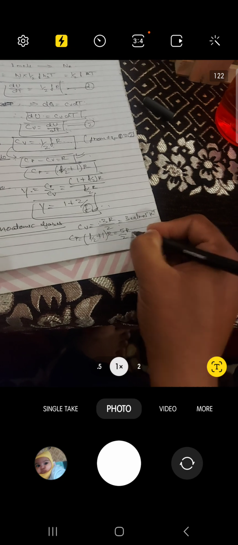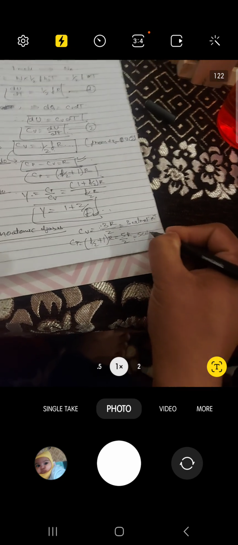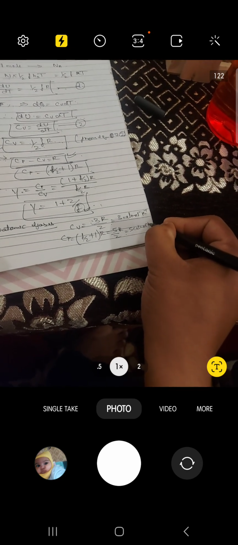So Cv will be equal to 3R upon 2. Okay, that is equal to 3 calorie per mole per Kelvin. Okay, and Cp will be equal to F by 2 plus 1 into R, equal to 5R upon 2. ठीक है, ये किसके बराबर हो जाएगा, 5 कैलोरी per mole per Kelvin.